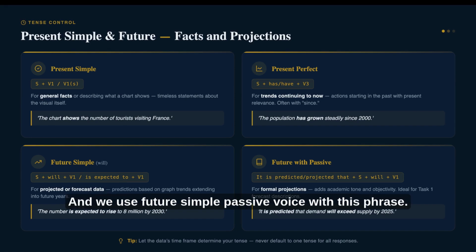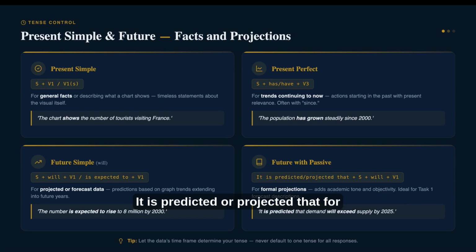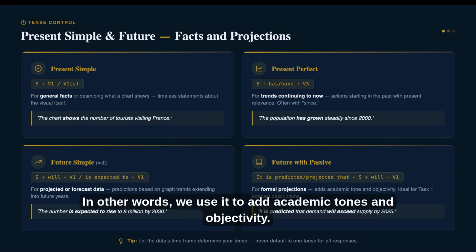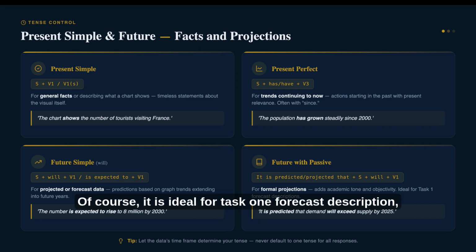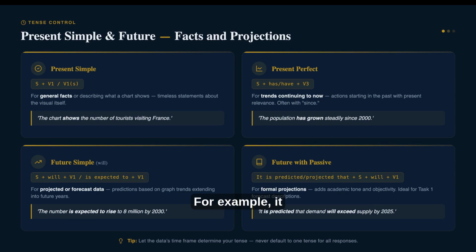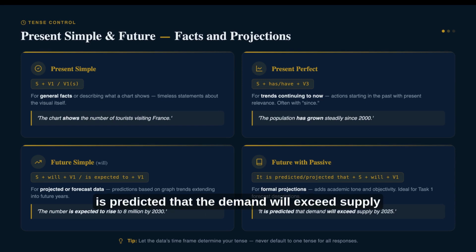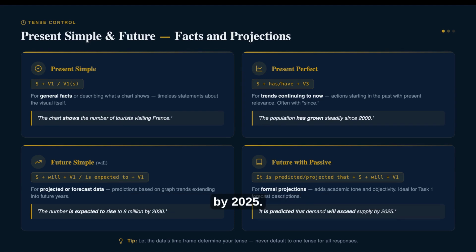And we use future simple passive voice with this phrase, it is predicted or projected that, for formal projections or forecasting. In other words, we use it to add academic tone and objectivity. Of course, it is ideal for task 1 forecast description, especially when you are dealing with data. For example, it is predicted that demand will exceed supply by 2025.